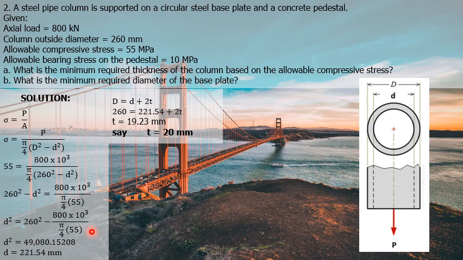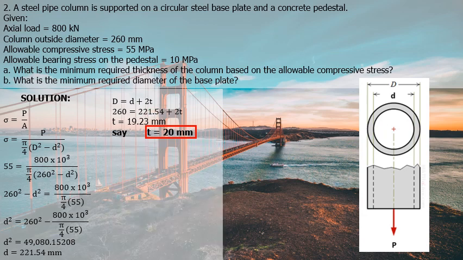No, because what is asked is the thickness. How do we get the thickness if we have the inside diameter and the outside diameter? That is simply the outside diameter is equal to the inside diameter plus twice the thickness. Did you get that, class?